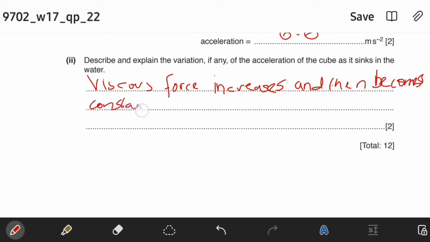Weight and upthrust will remain constant no matter what height the object is covering or how deep the object goes. Weight and upthrust are going to remain the same.